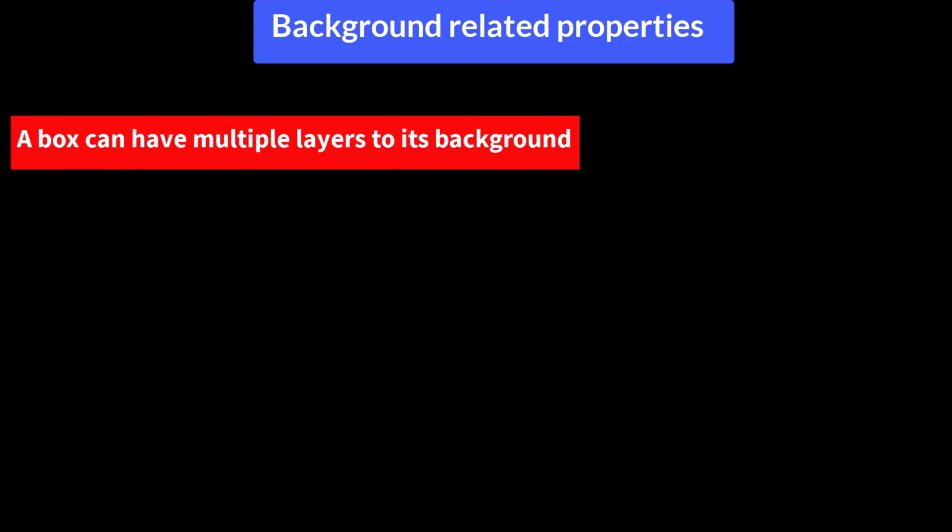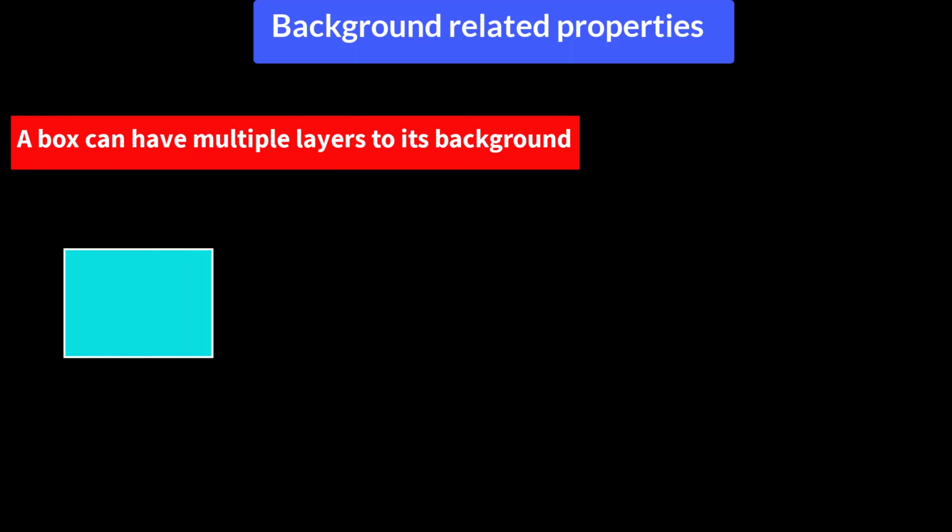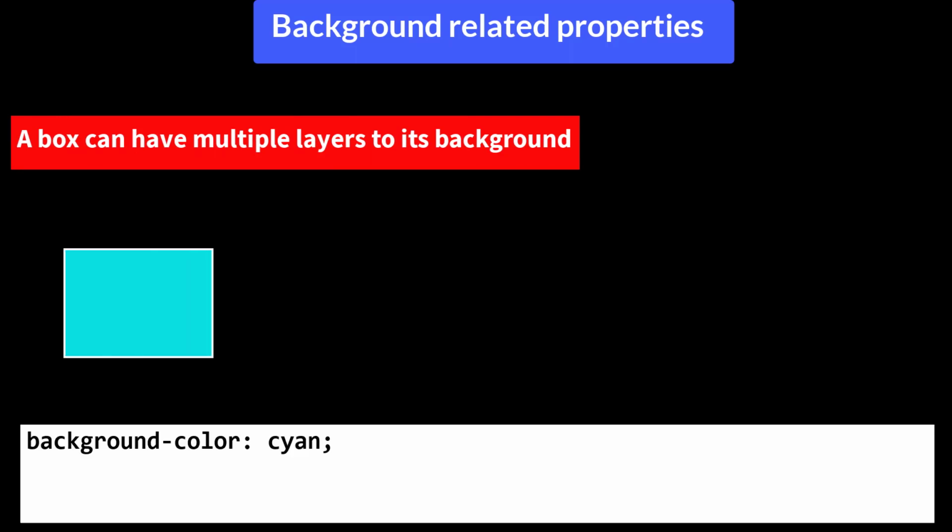Background-related properties. To get the right idea to start with, you need to understand that a box can have multiple layers to its background. The base layer is specified by the background-color property, which we discussed in the previous session. Then additional properties describe images to be layered on top of the background color.